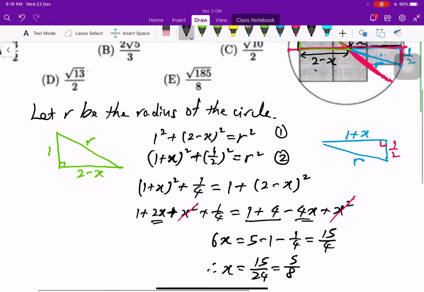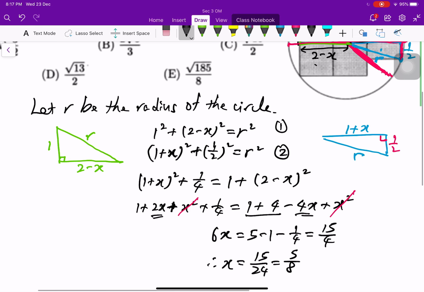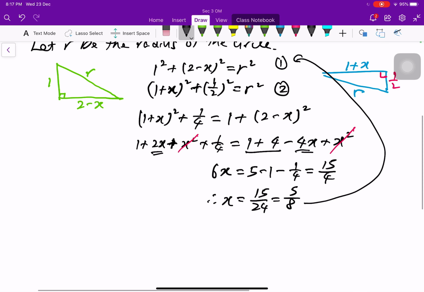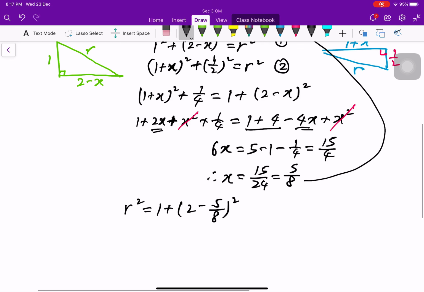Once you get your x, the rest is easy. I can now substitute x into the first equation. R squared will be equal to 1 plus (2 minus 5 over 8) squared.